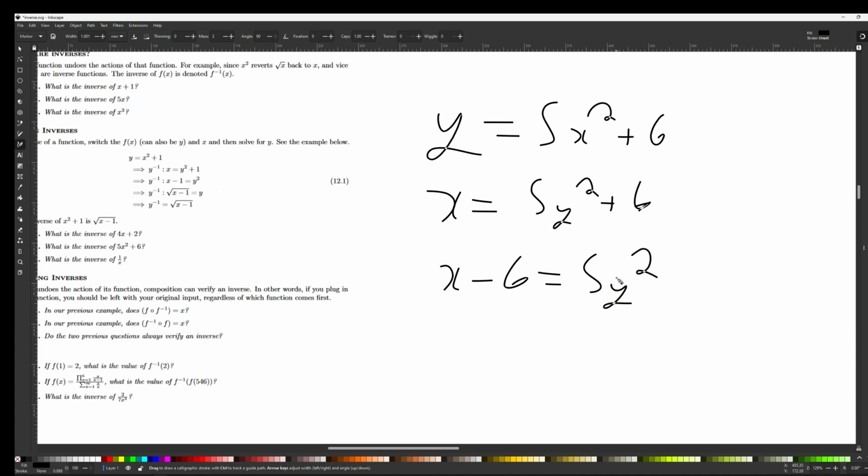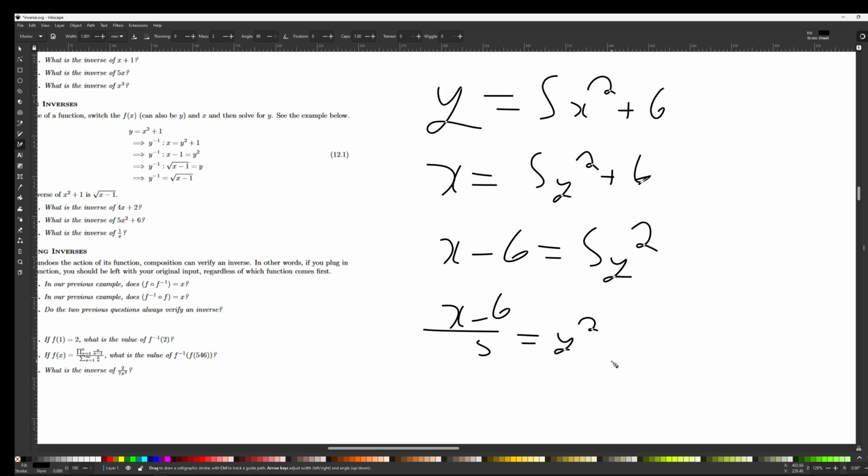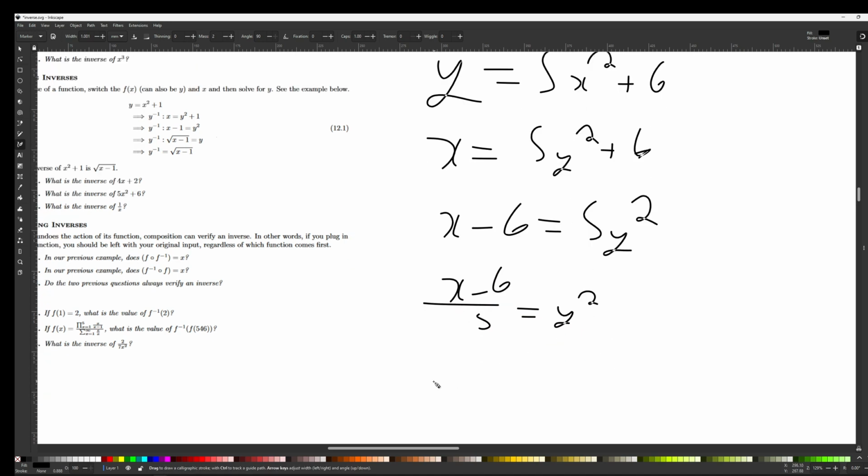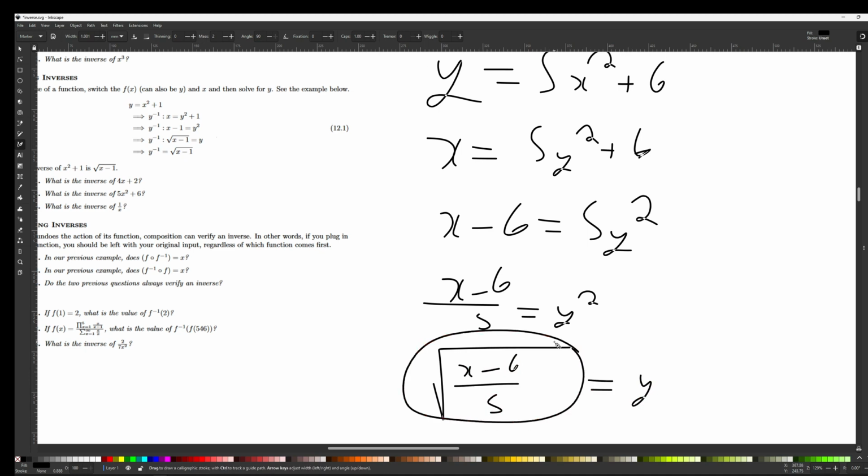And before we take the square root of both sides, we have to divide both sides by 5. x minus 6 divided by 5 is equal to y squared. And now we can take the square root. The square root of x minus 6 divided by 5 is equal to y, and this is our inverse function, the square root of the quantity x minus 6 divided by 5.